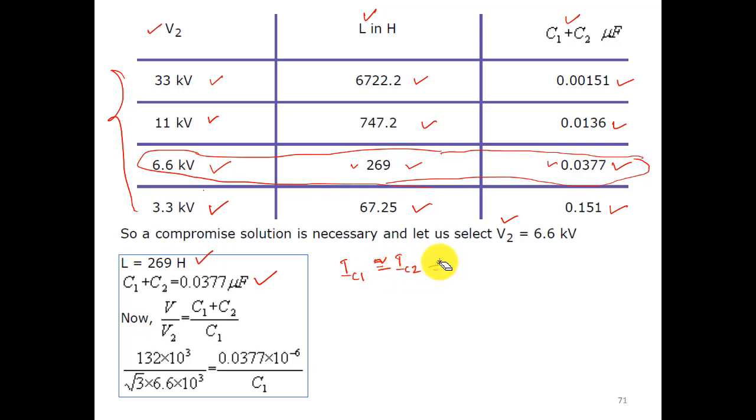Okay, so from this equation I can write, sorry, the voltage across C1 is V minus V2. Okay, this is your voltage that is equal to C2, voltage across C2 is V2.